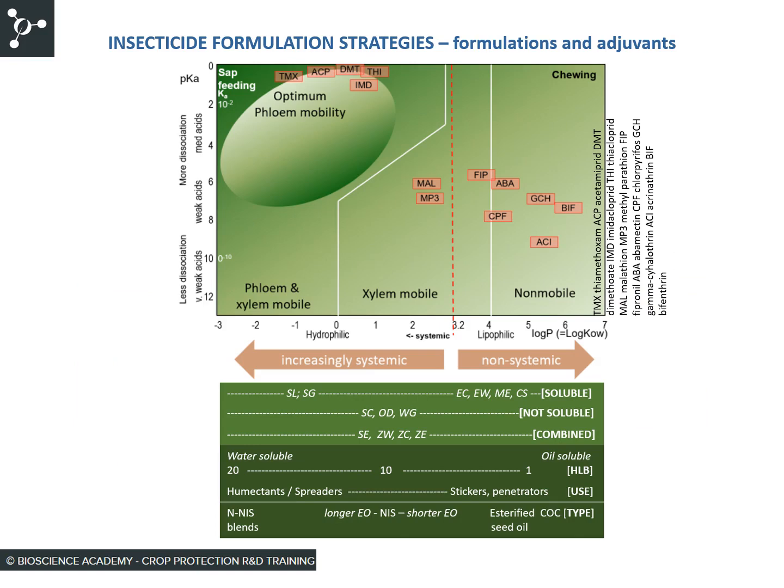Integrating the active ingredient physical chemical characteristics together with the physiological characteristics of systemicity in the vascular system of plants, we combine the pKa and the log P of the active ingredient to predict the systemicity of the active ingredient.